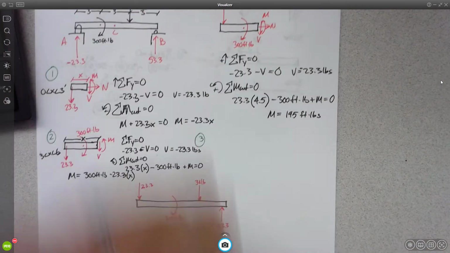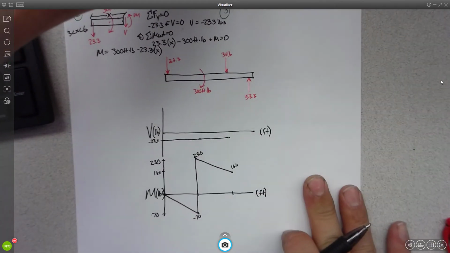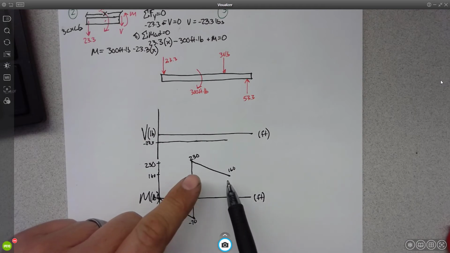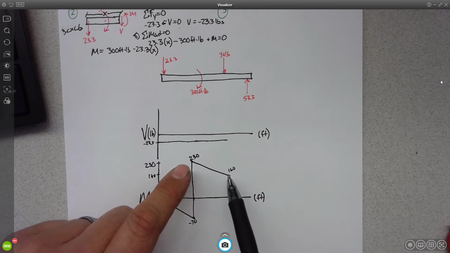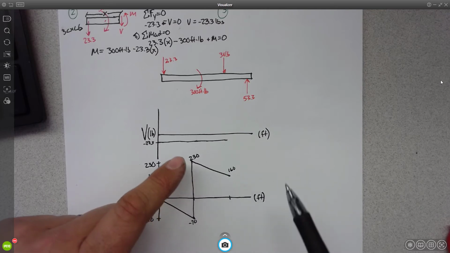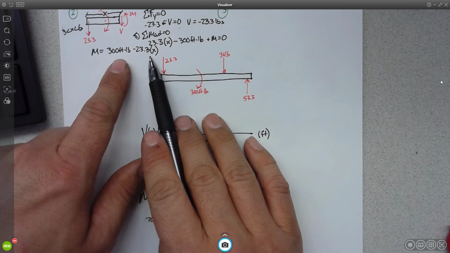So let's go back to region 3. Any questions so far? So you just find it at the endpoints. If we're trying to do from 3 to 6, plug in 3, see what you get, plug in 6, and then just draw lines. That's how I happen to do it. You could just plot this line if you wanted.